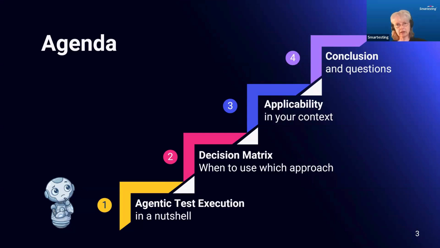I will present this decision matrix, which gave the subtitle of the webinar, when to use which approach, and I will share a link with you where you can try it in your own context and find which approach is best for you. This is part 3, and then we will have the conclusions and, of course, questions.